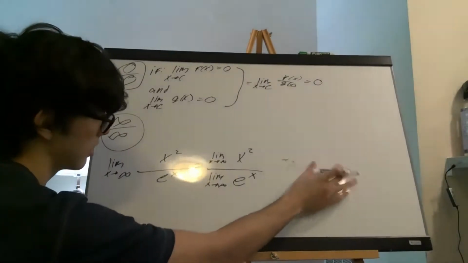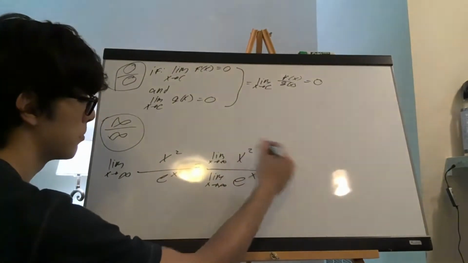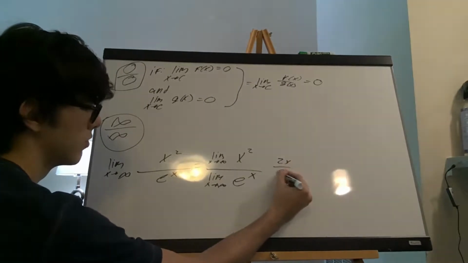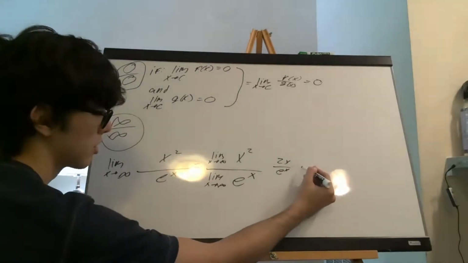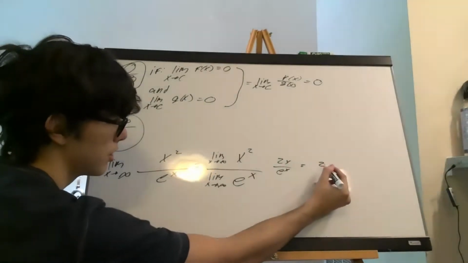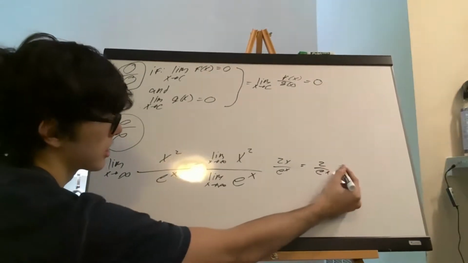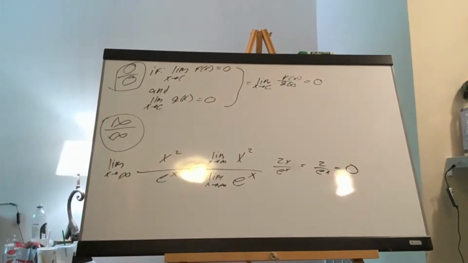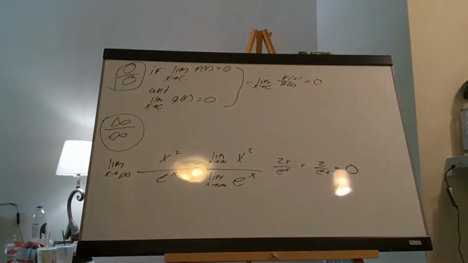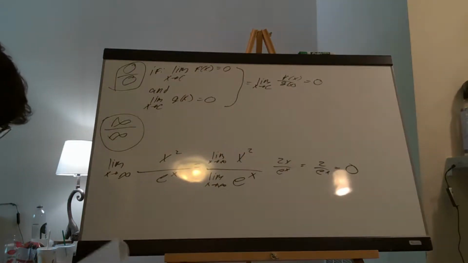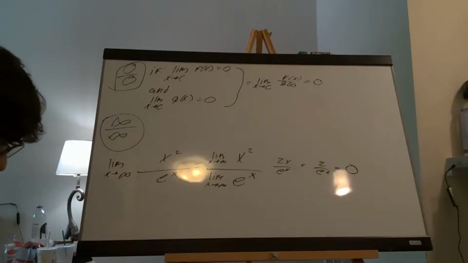You take the derivative of the top and the bottom, so we go 2x over e to the x. Still going to be infinity over infinity. Then we go 2 over e to the x. And that should be 0 for x approaching infinity. Oh snap, look at that. I was right.